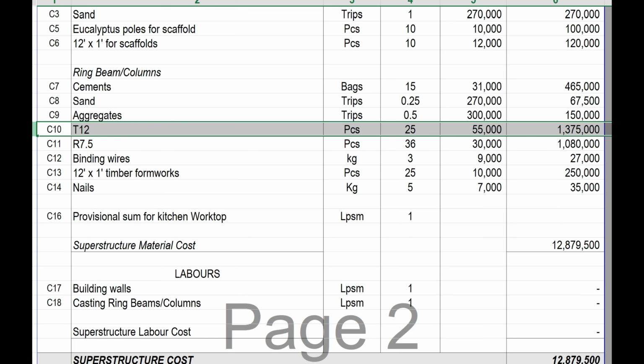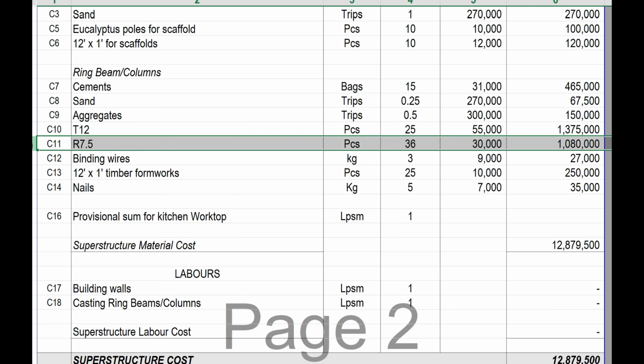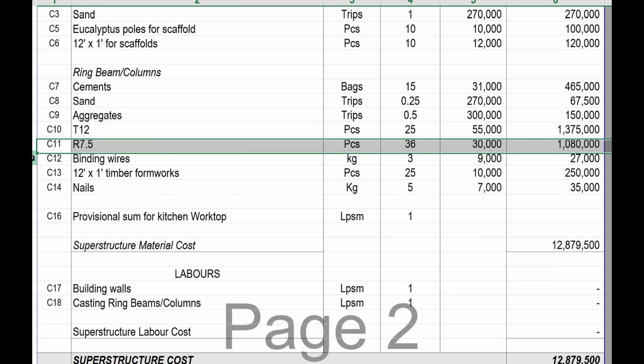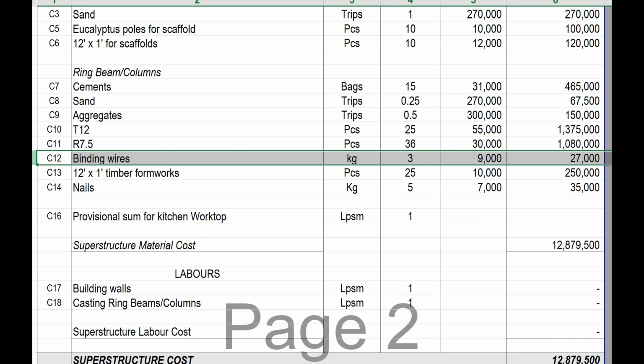Then going to iron bars, we need the T12, about 25 pieces, and the R 7.5, about 36, and binding wire, about 3 kilograms, whereby you can get a kilogram at around 9,000.